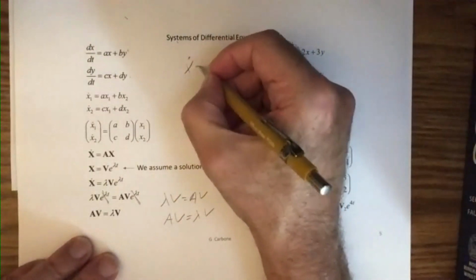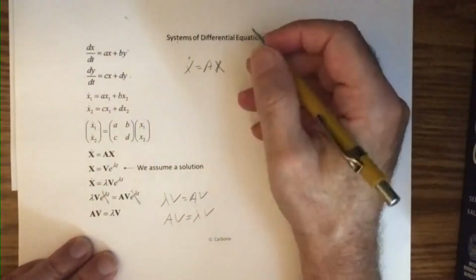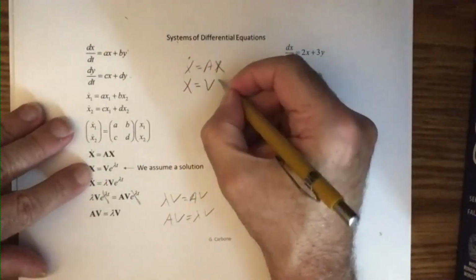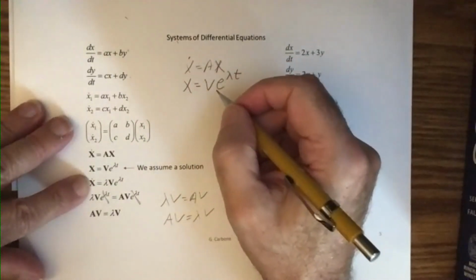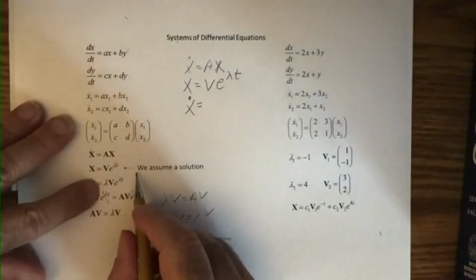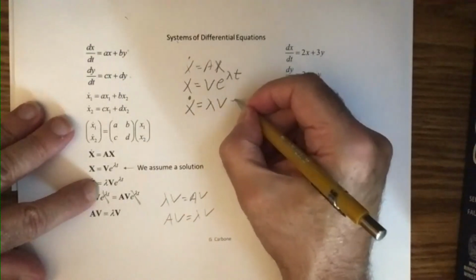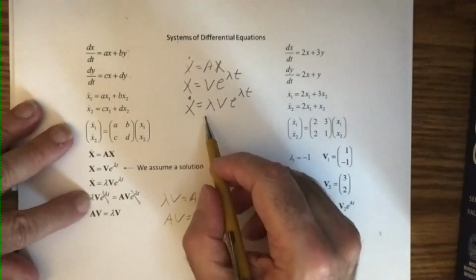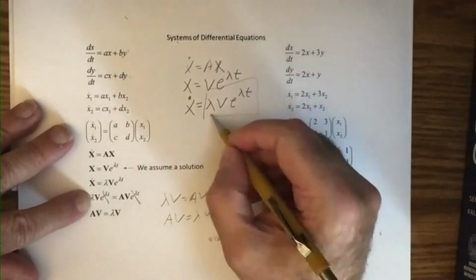X dot is equal to AX, and we know that X is equal to V e to the lambda t. Now for X dot, I'm assuming a solution of this form, so this is going to bring down the lambda. Now I get this. I take this here and put it here.